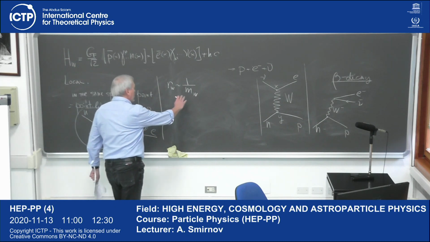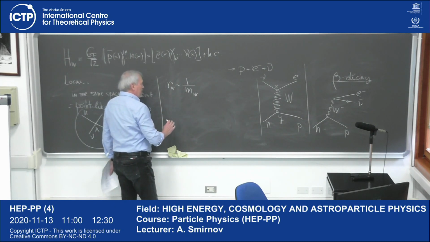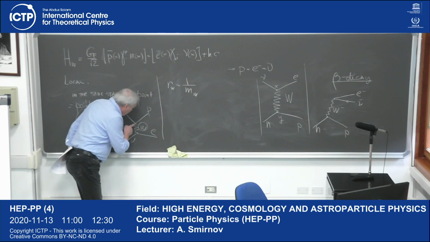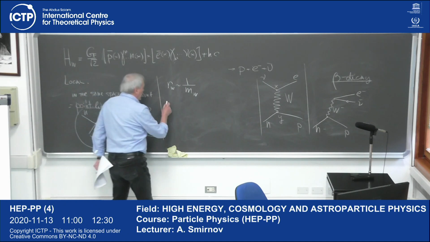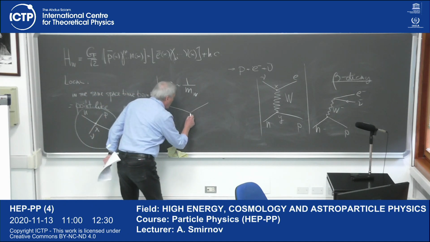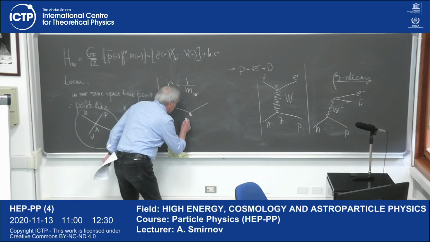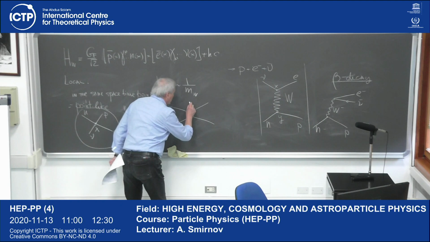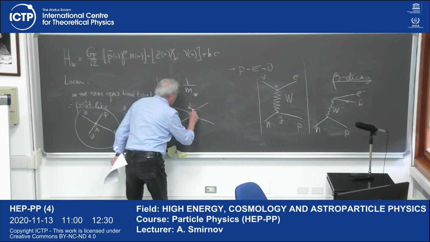If the mass of the W boson is very big, then this W boson cannot propagate for a long time. So essentially, you have something like this, a W boson, and these are final particles. That distance is 1 over the mass of the W boson.